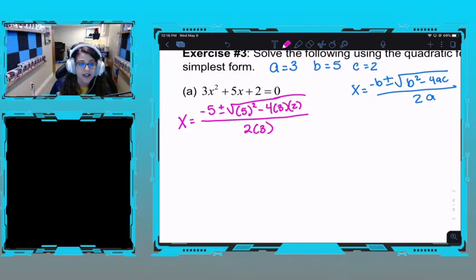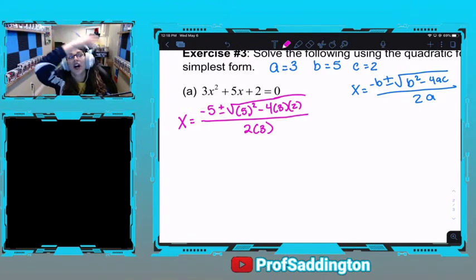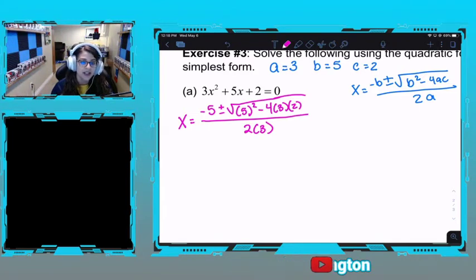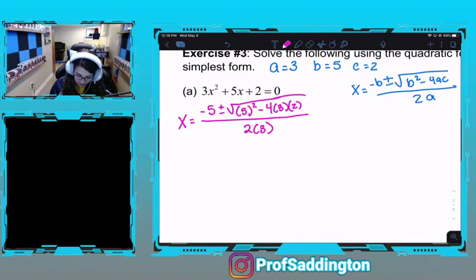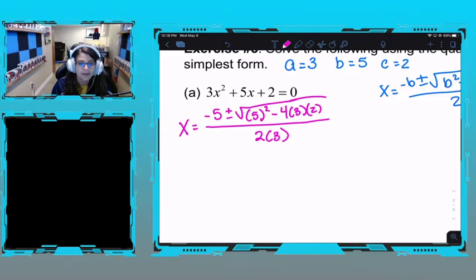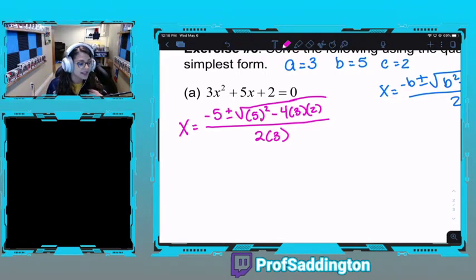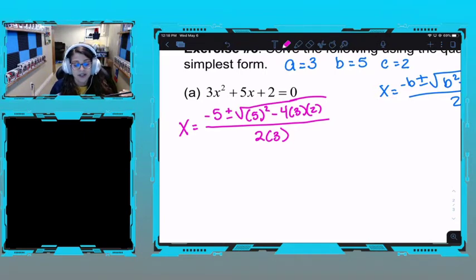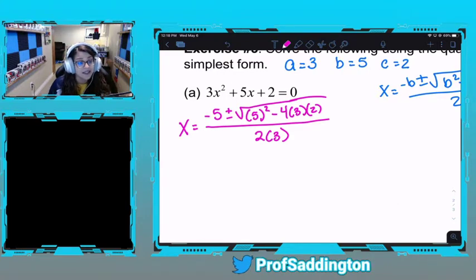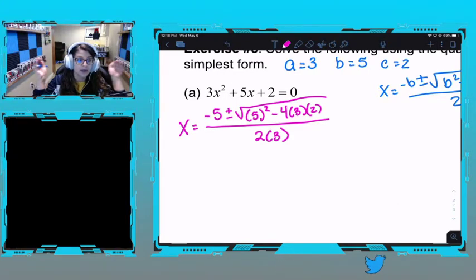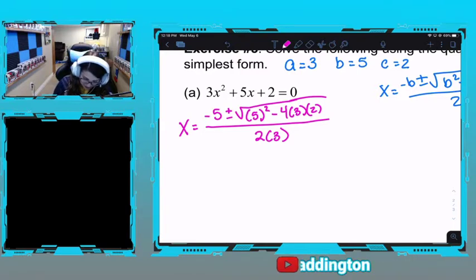Now, I would not recommend entering this entire thing in your calculator all at once. I'd really just recommend entering what's under the radical first. And keep note that I did put my b squared in parentheses. For now, this is a positive number, so that's not really going to affect it. But if that was a negative number, that is going to change some things. You always want to make sure it's bundled up in your parentheses.